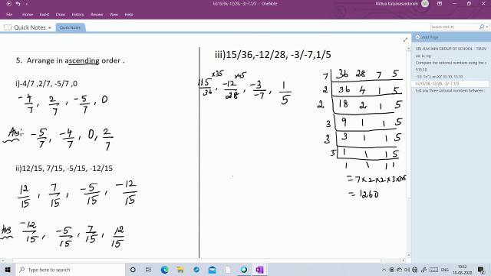Then 1260 divided by 7 gives 180, so 180 is what we multiply. Then 1260 divided by 5 is 252. Then 15 into 35 is 525.